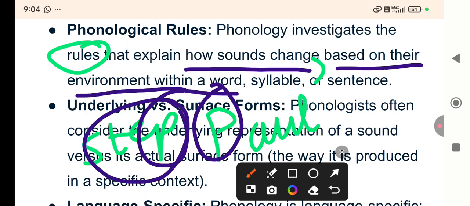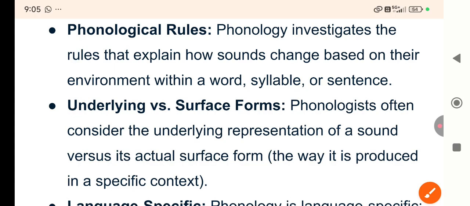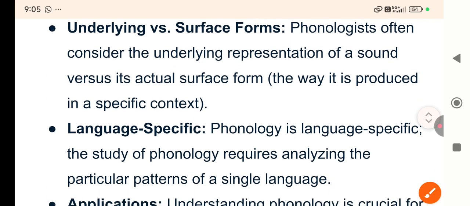In this word the P sound is different, in this word the P sound is different. It even studies the syllable or sentence, meaning in a word, syllable, or sentence how the same phonemic sound changes. This is phonological rules. We'll see details afterwards.